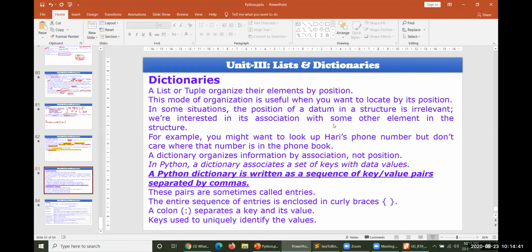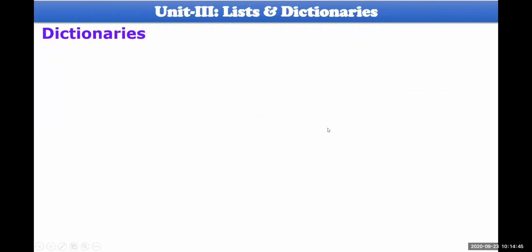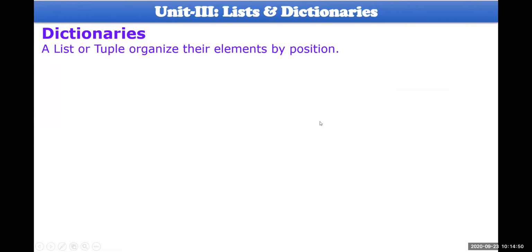What is a dictionary, and what is the purpose of a dictionary in Python? Let us have a discussion here. Normally, if you consider a list or a tuple, either of these two, both organize the values in positions.